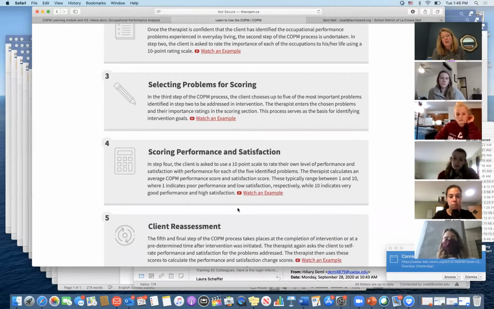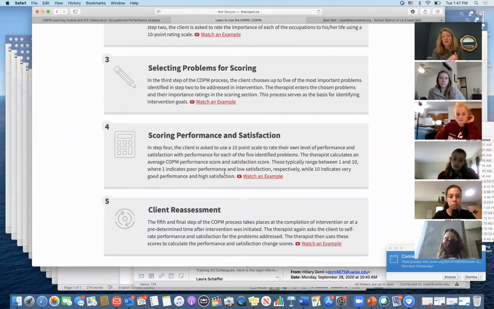And then it gives the relevance and the attributes of value to those areas. So the client then, they rate themselves on how able they think they can perform them and how much satisfaction that activity gives them. So both their ability to perform and their satisfaction with the activity. So it gives them a rating scale.